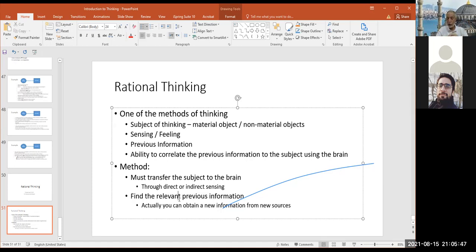This is a huge amount of information related to the subject you are thinking about. So which information is relevant and which is irrelevant? Find it.